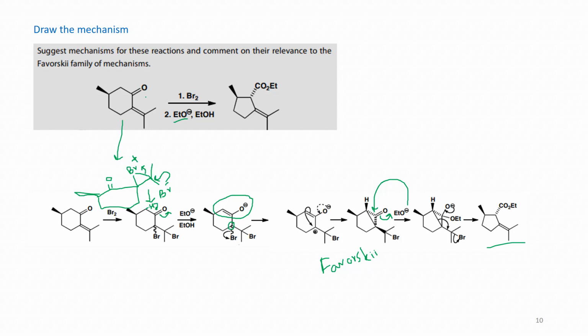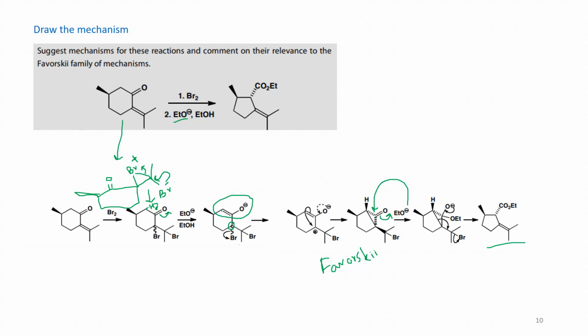So there is a question. You have to draw the mechanism. I think you guys can try it by yourself. See, this also has alpha hydrogen and alpha bromine. Whenever there is an alpha bromine center, what have we done? We have done a Favorskii type of reaction.